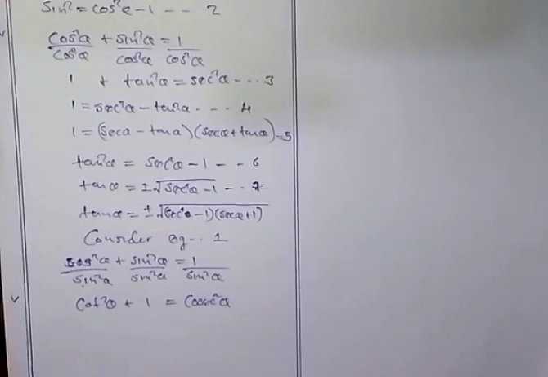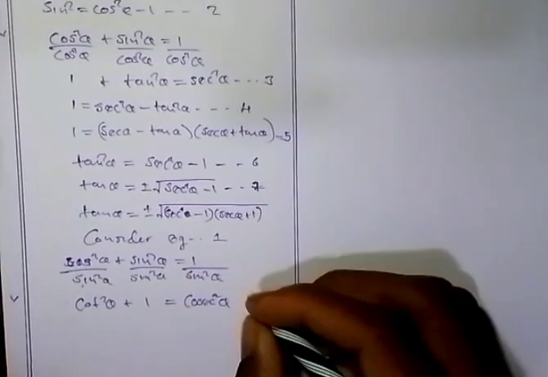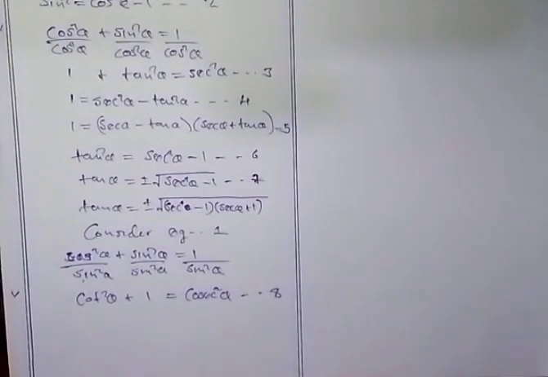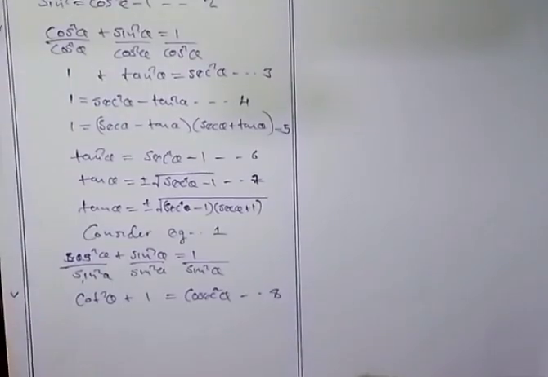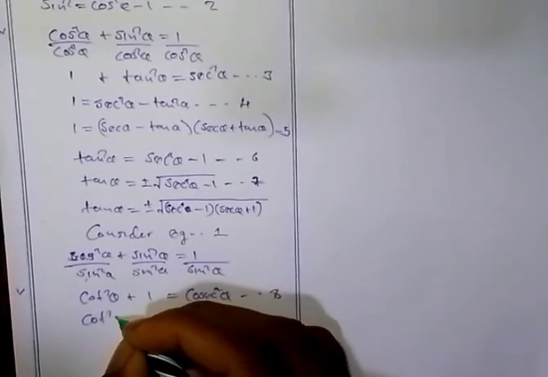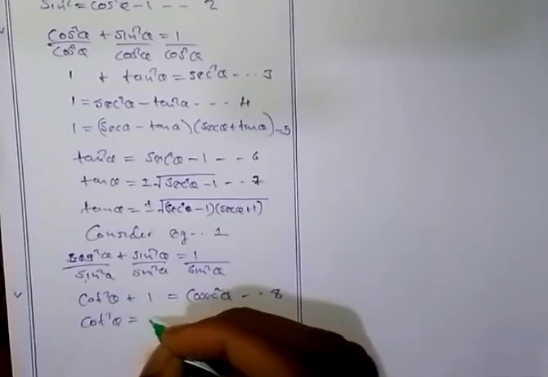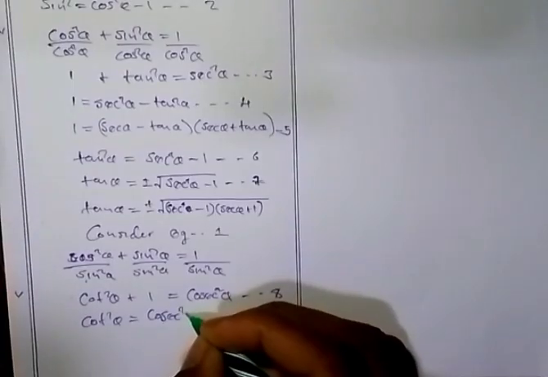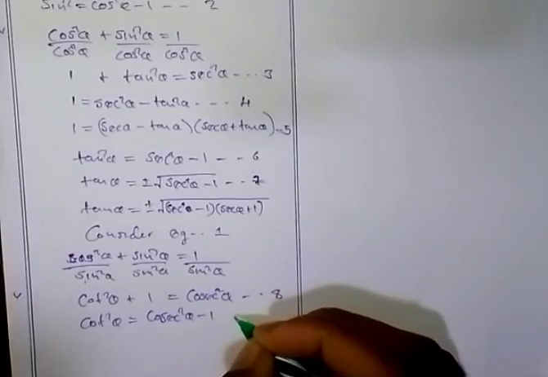Okay, then from there, this will be our identity number 8. And then we are going to make cot square theta the subject. This will be equal to cosec square theta minus 1.